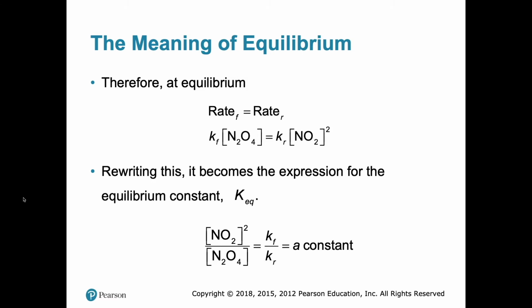So now we know that at equilibrium, the rate forward is equal to the rate reverse. That means we can say the rate law of the forward reaction is equal to the rate law of the reverse reaction. But that's only true after equilibrium.